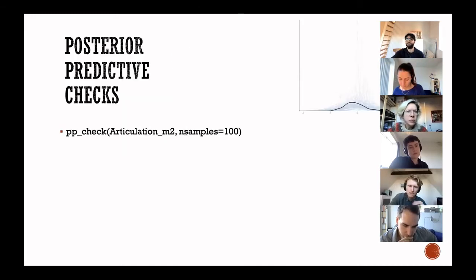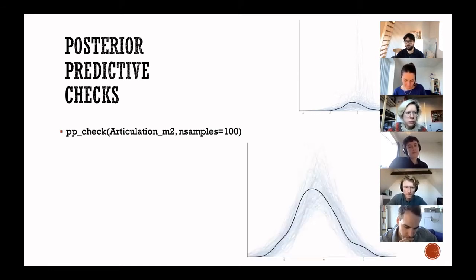We do the PP check. What you see is what we had before, right? The prior predictive check. And now we add the posterior predictive check. And again, quite unremarkable, nothing to write home about, but it tells us that the model can hone in pretty nicely on the actual data.